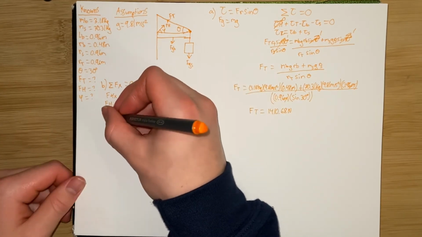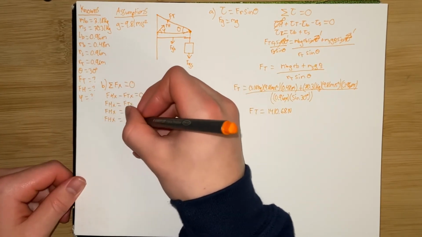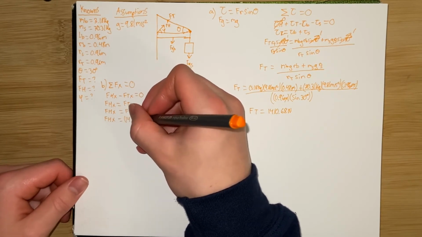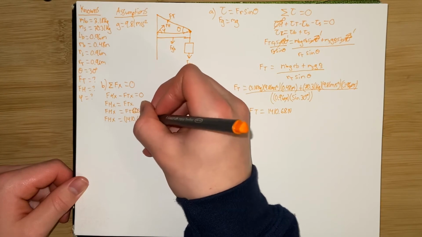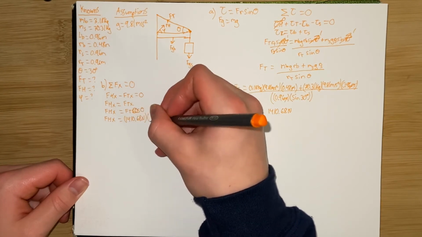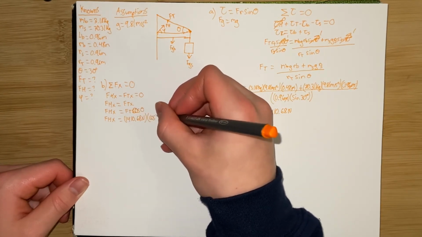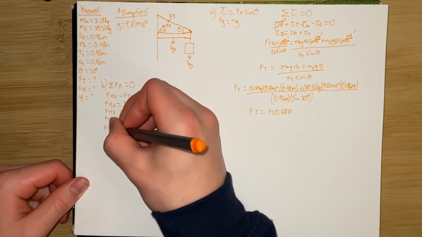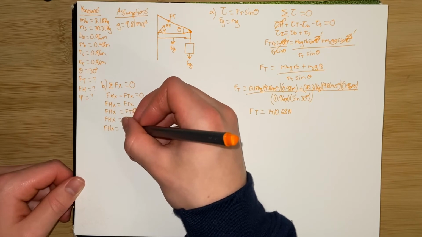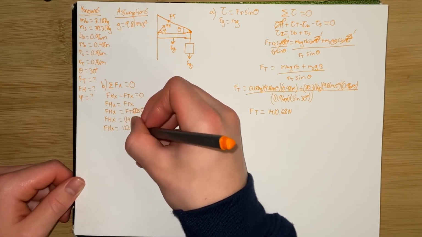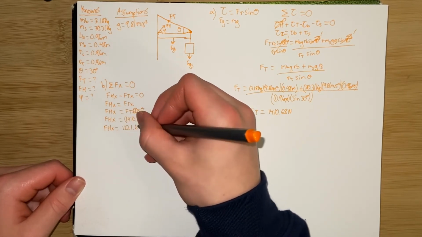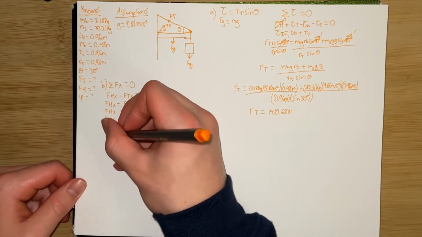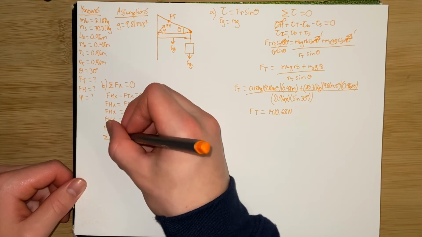Now this means that FHX is equal to 1,410.68 newtons multiplied by the cosine of 30 degrees. And this will give us a value of 1,221.68 newtons. Now let's do the summation of the forces in the y direction.